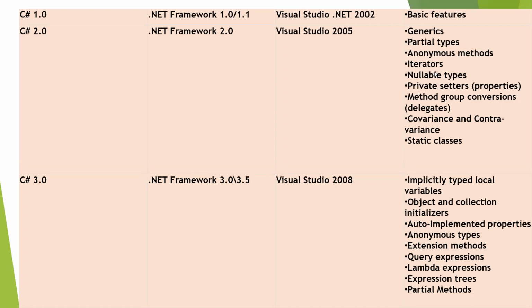And nullable types, which are basically used for assigning a null value to value type variables. And private setters, which come under class properties. So these are set accessors basically. You can set private properties as needed to protect the properties.